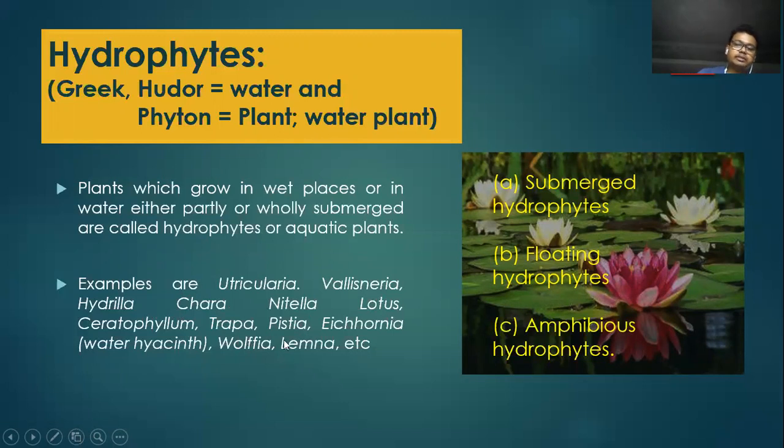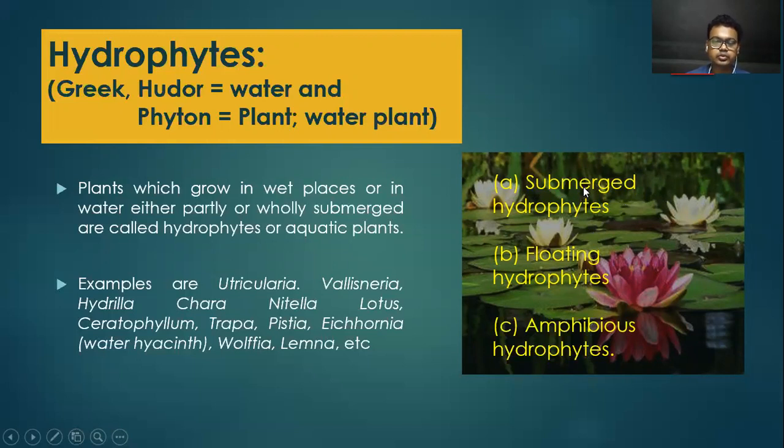Based on their growing pattern, some plants grow below the water, some grow on the surface of the water, and some grow near the water. Based on this, they are classified into three different types: submerged hydrophyte, floating hydrophyte, and amphibious hydrophyte.